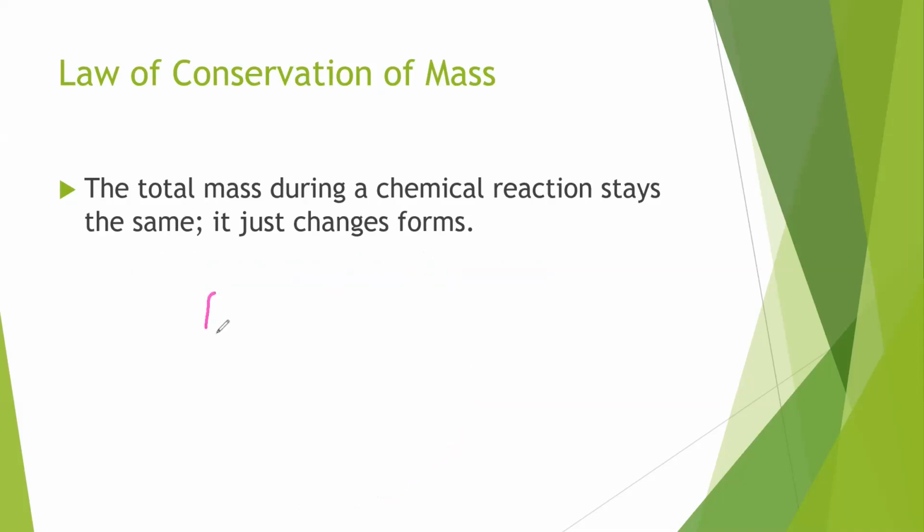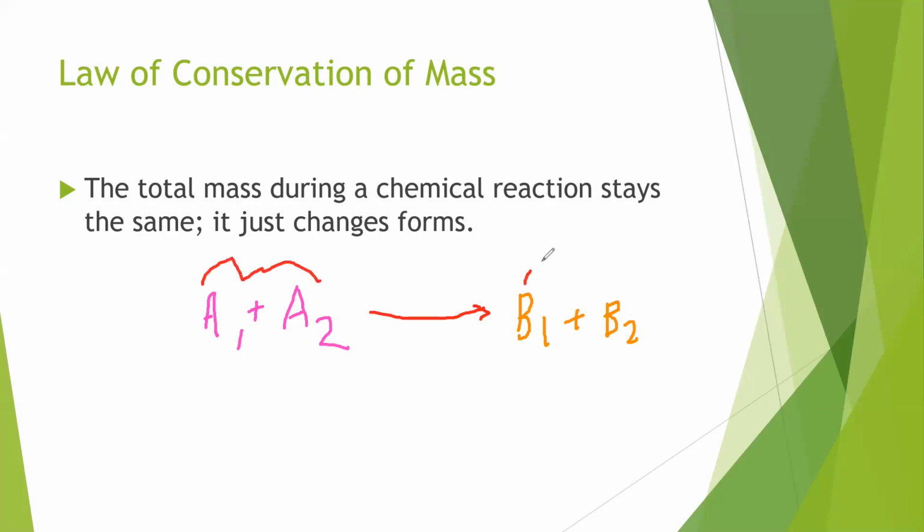So if we start out with reactants A1 and A2, and we react them to form products B1 plus B2, we know that the mass of the left side and the mass of the right side are equal. So these masses are equal.